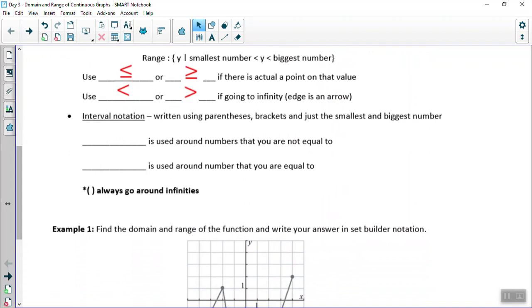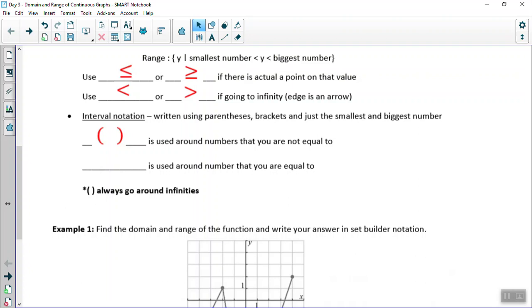All right, interval notation. Written using parentheses, brackets, and just the smallest and biggest number. So throughout the notes here, I'm going to mostly focus on the set builder notation, but this is just another nice one to have. So interval notation shows regular parentheses are used around numbers that you are not equal to.